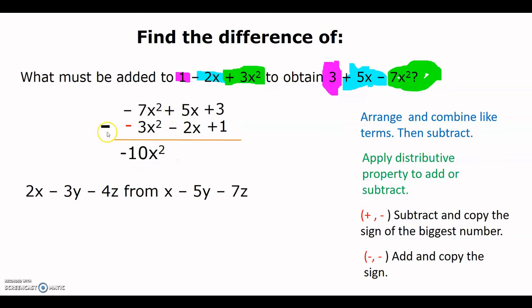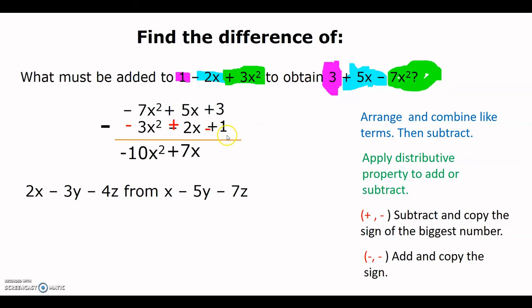Next, negative 2 times negative is positive. So our negative 2x becomes positive 2x. Like signs, add and copy the sign. So we have 5 plus 2 is 7x. So our answer is positive 7x. And the last one, positive times negative will be negative.